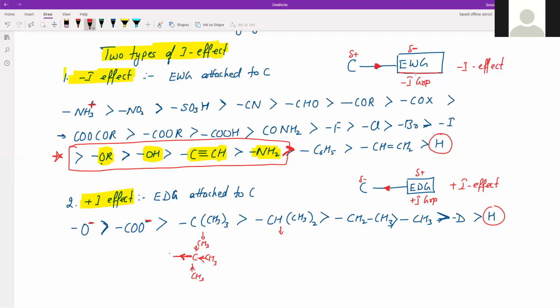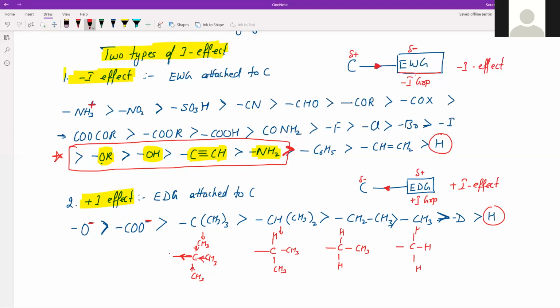So what happens here now? Here you have carbon, hydrogen, and only two alkyl groups. And then here you have C, H, H, that is two hydrogens and only one alkyl group. And here you have all the three hydrogens.